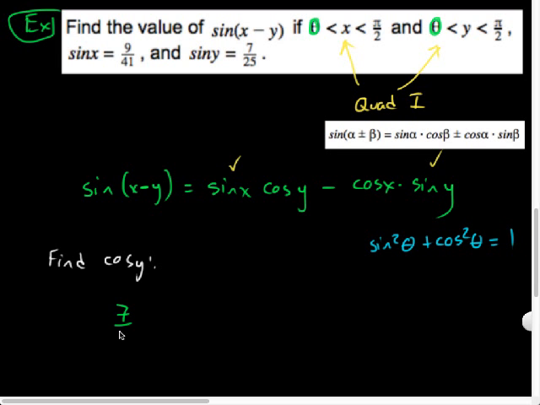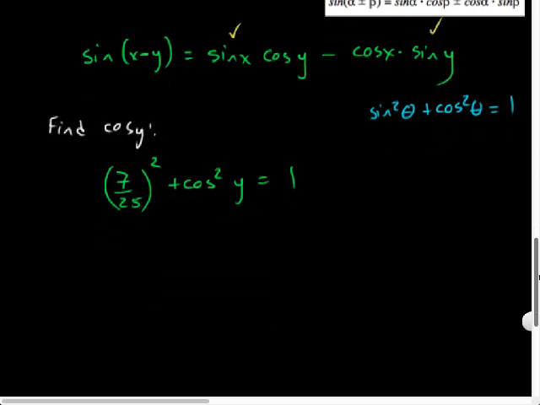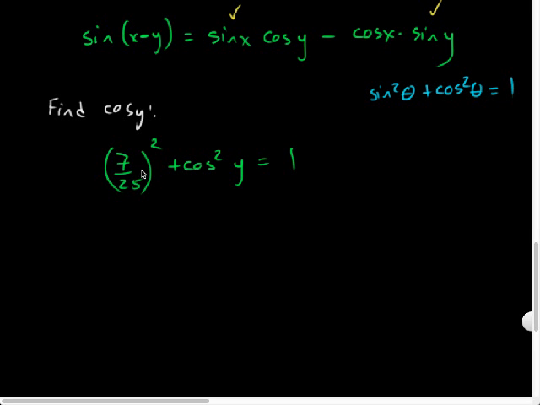So I've got 7/25 all squared plus cos squared y is equal to 1. So squaring that, that's 49, 25 squared, guys. What's that? It's not 625, is it? 625, it is, plus cos squared y equals 1.